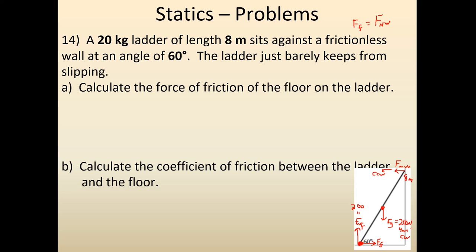Now the next thing I want to do is going to include angles. These are acting at angles to each other. Now if I elongate this down, I can see that I've made a triangle. So this is going to be 30 degrees. Also using geometry, this force is horizontal and parallel to the friction on the floor. So parallel lines with a line intersecting them are going to share the same angle.